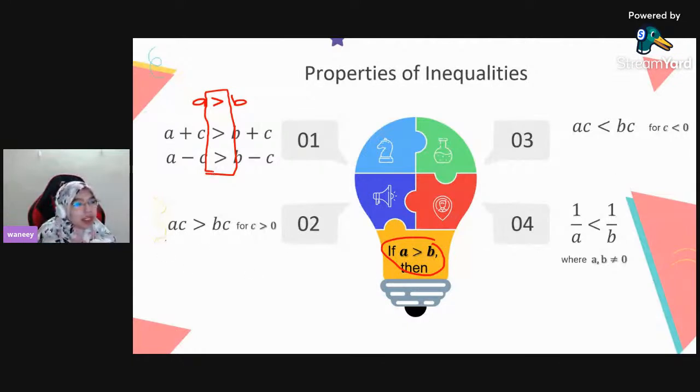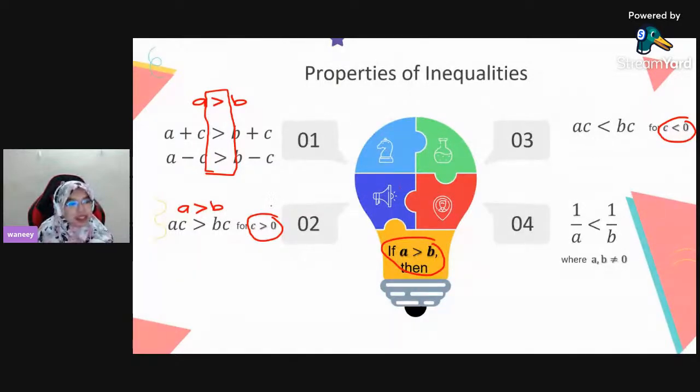Okay, what happen if we are doing some multiplication? For multiplication, it depends. Either are you multiplying with a positive number or are you multiplying with some negative number? So they are slightly different. Okay, so we say over here that A will be greater than B if let's say you times with C and C is a positive number.